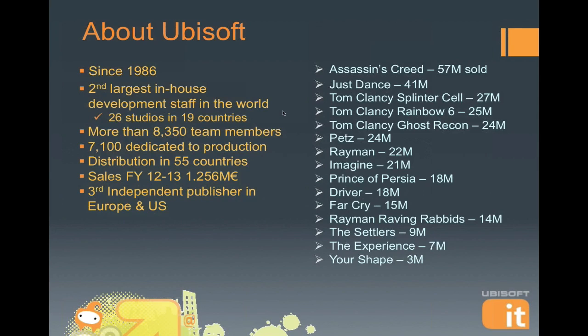We distribute our products in 55 countries, and during our fiscal year 12 and 13, our total revenue was 1.2 million euros, and we are the third largest independent publisher in both Europe and the U.S.